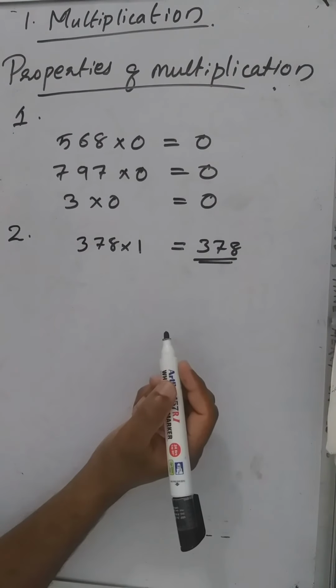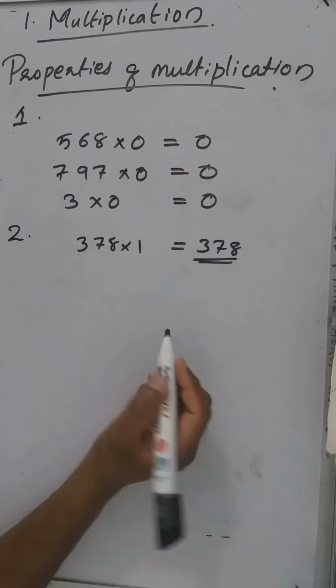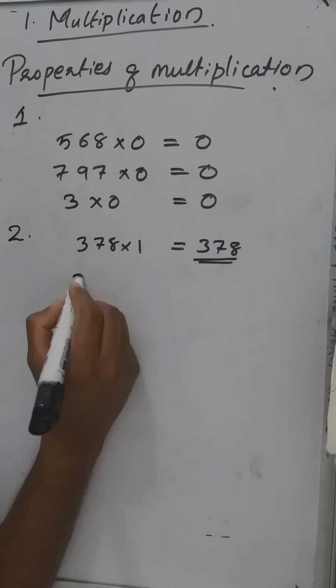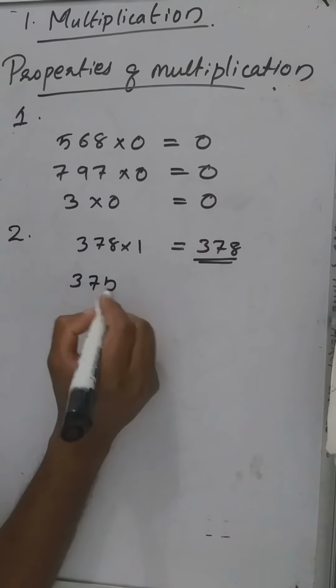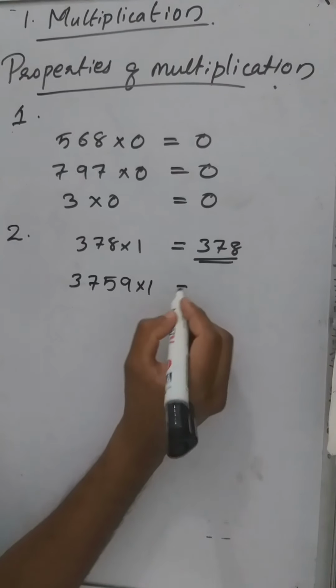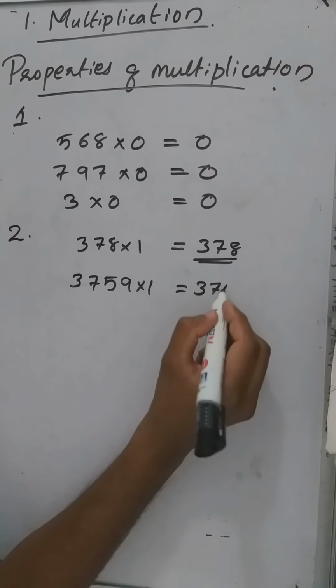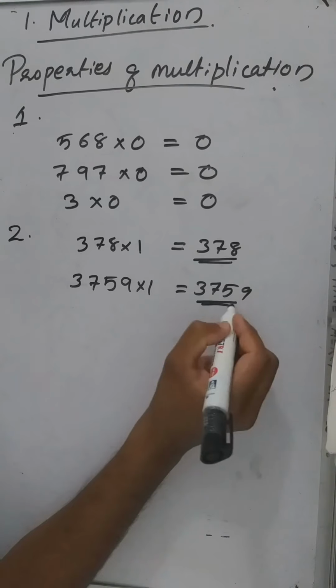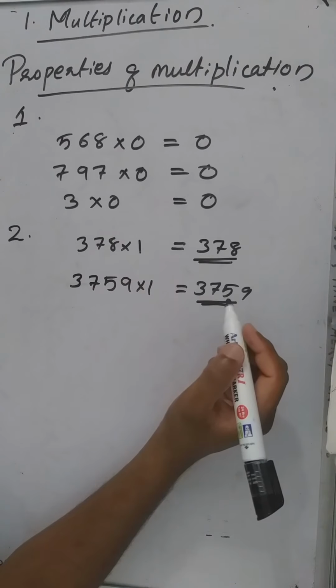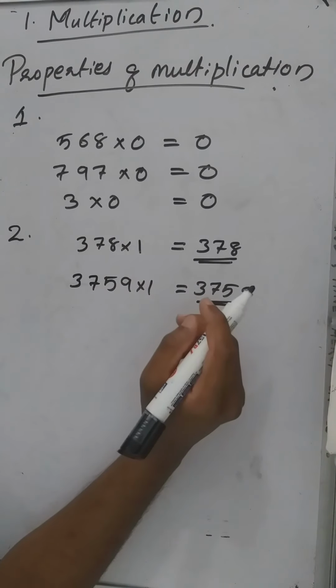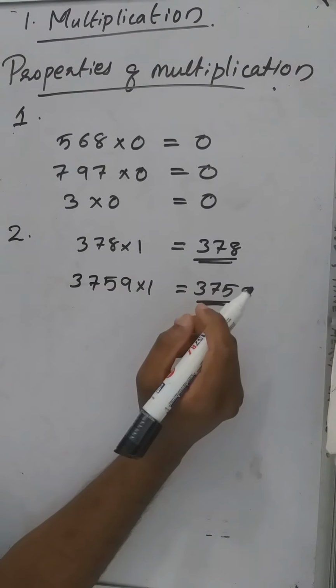Or we can say that the product of any number and 1 is equal to the same number. 3759 multiplied by 1 is also 3759. So the second property says if you multiply any number by 1, the answer is the number itself.